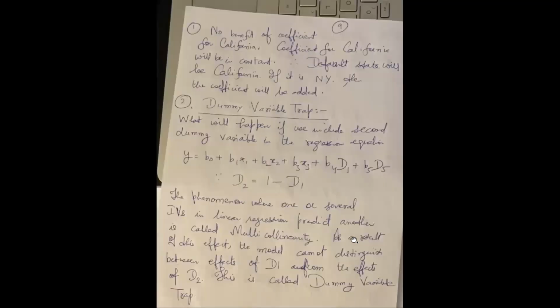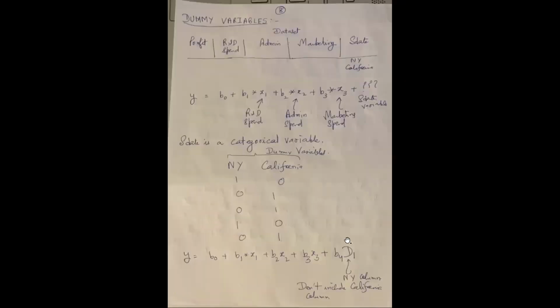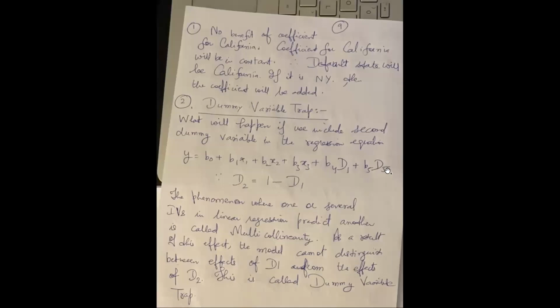All right. Now, there is a problem in handling the dummy variable, which is the dummy variable trap. I was just trying to explain that you have to put the dummy variable for one category. You have to avoid it for the other category. But let's say if you put D2 also for the California state. Actually it has to be D2 here, not D5.